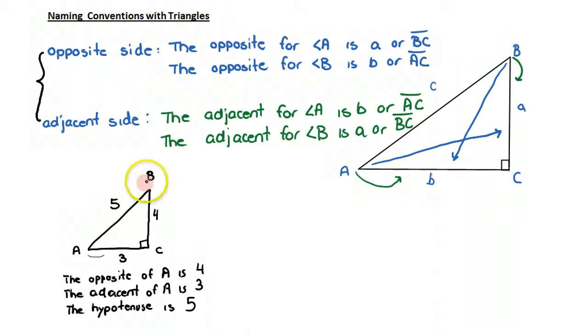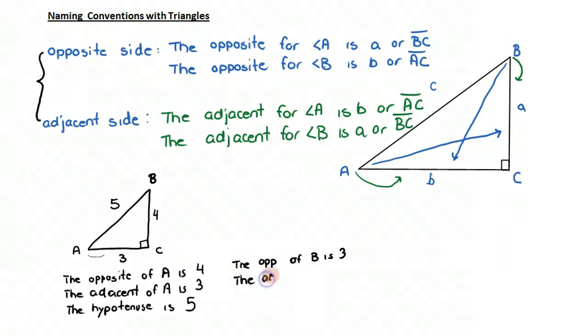So now let's say instead of talking with reference to angle A, we want to talk with reference to angle B. Let me draw that out again. Well, if we're talking with reference to angle B, the opposite, we'll just shorten it to OPP. Opposite of B is 3.